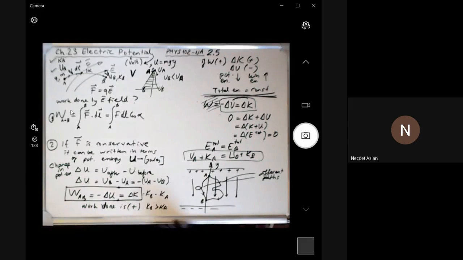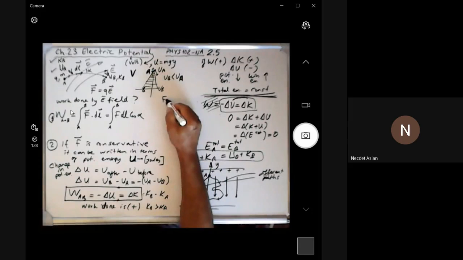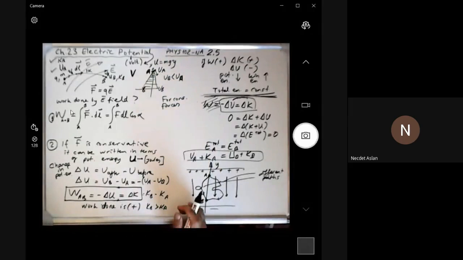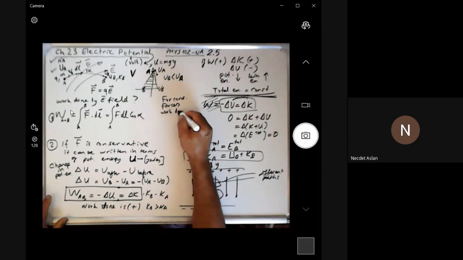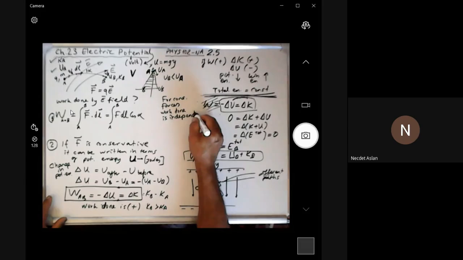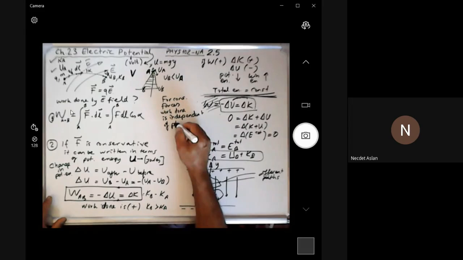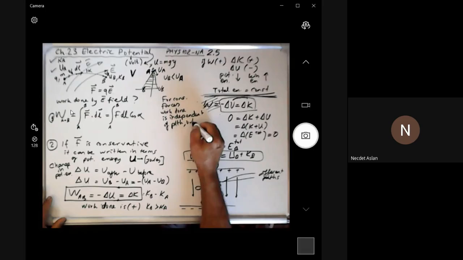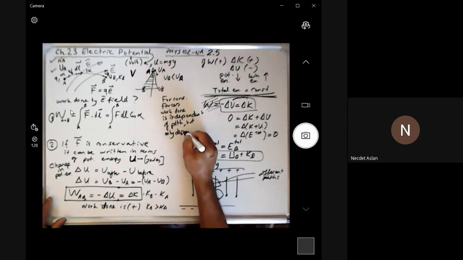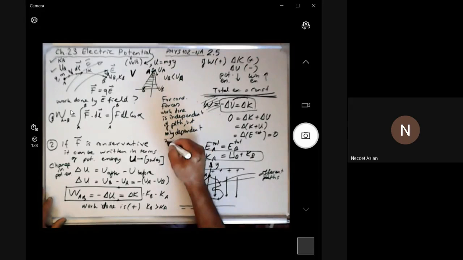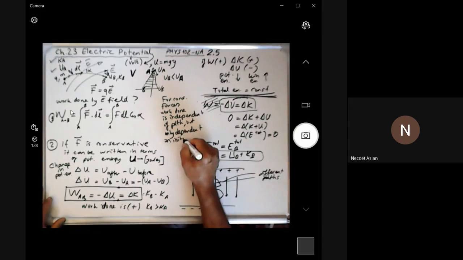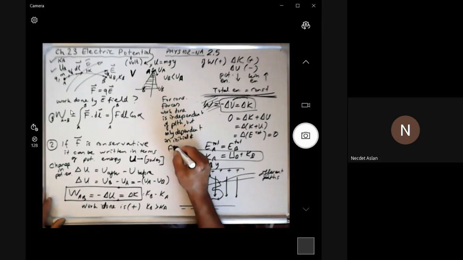As you see, the work done for conservative forces, and the electric force is conservative, as we have said, is independent of path, but only dependent on initial and final points.